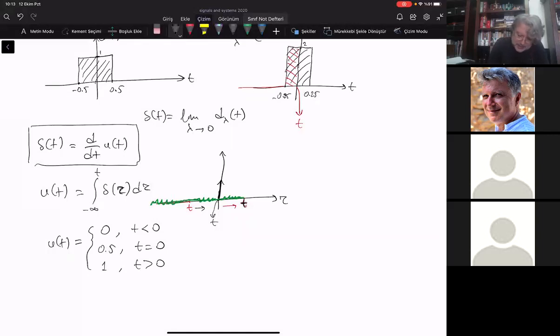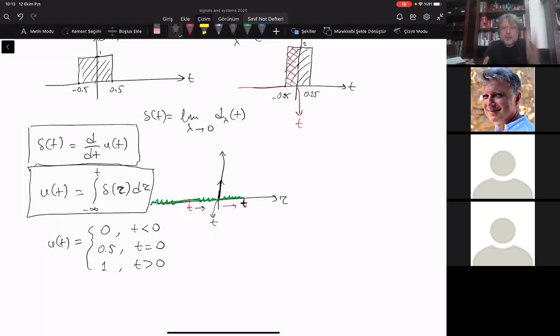So this derivative and this integral formulas are essentially inverses of one another. Therefore, we will say that the impulse is the time derivative of a unit step, and the unit step is the integral of the unit impulse.